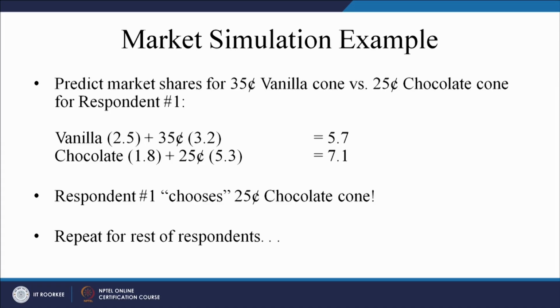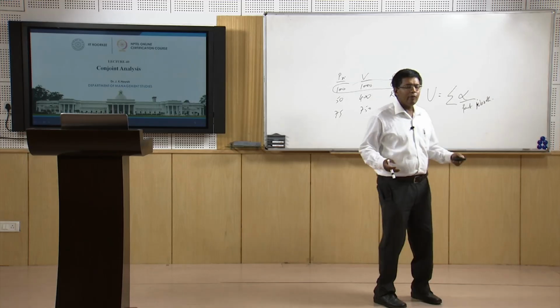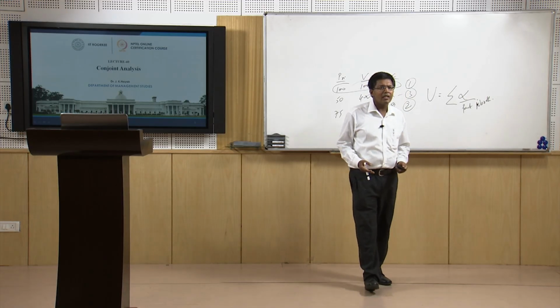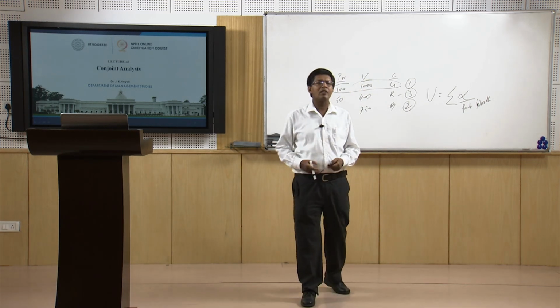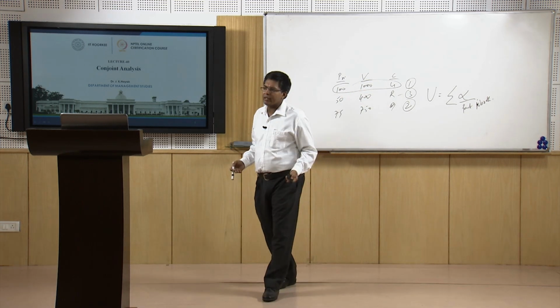Now look at it. Although people might be preferring vanilla, with the combination of the price of 25 cents, suddenly the whole utility value has drastically changed, and vanilla, which was the preferred taste, has gone down, and chocolate, which was the less preferred taste, has gone up, and the total utility has become 7.1.